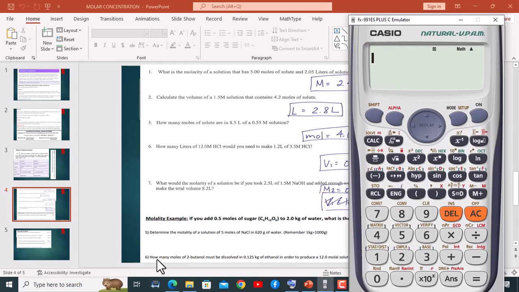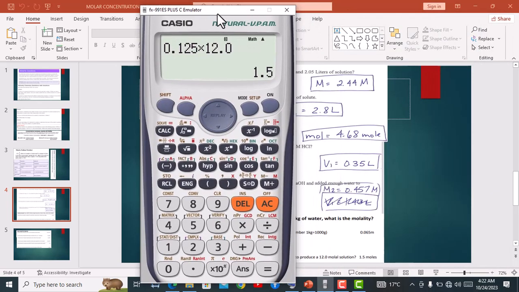So they are looking for how many moles. Now I know that concentration equals number of moles divided by volume. Therefore the number of moles equals volume multiplied by the concentration. Okay, that is fine. So I can take 0.125, which is the liters, and I can multiply this by the concentration of 12.0, and you would get an answer of 1.5.